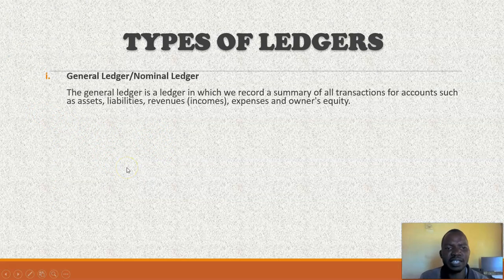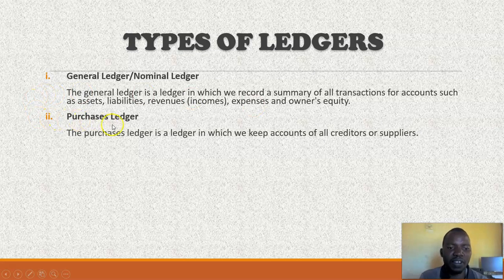What transactions are recorded in the general ledger or nominal ledger? The general ledger is a ledger in which we record a summary of all transactions for accounts such as assets, liabilities, revenues or incomes, expenses, and owner's equity.